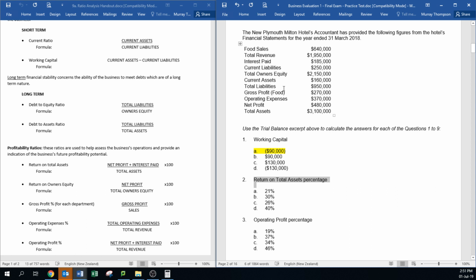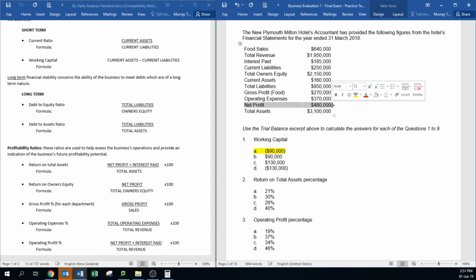To calculate return on total assets, we need to find our net profit. The net profit is 480,000. Then we add on interest paid, 185,000. We hit equals and we get 665 on the calculator screen. That's fine.